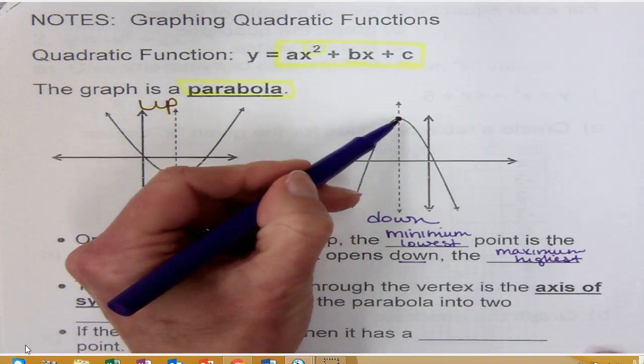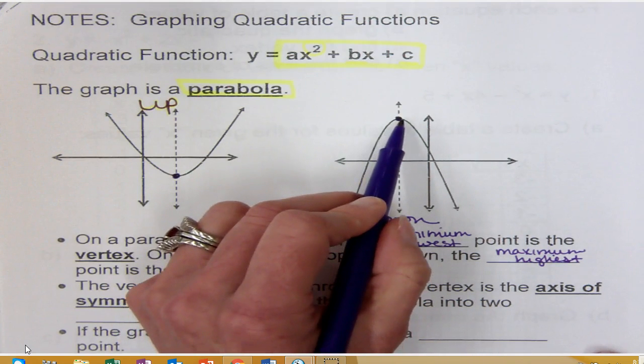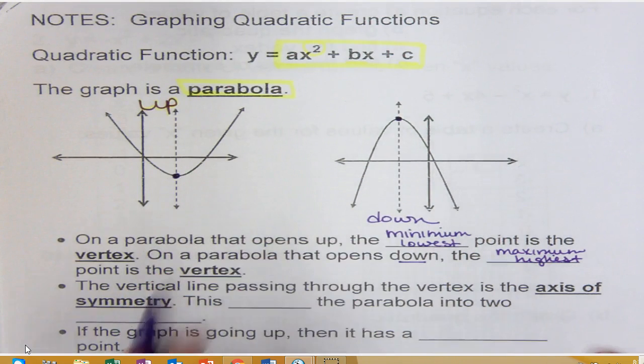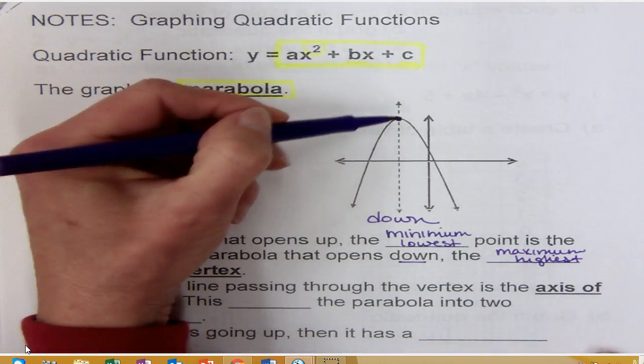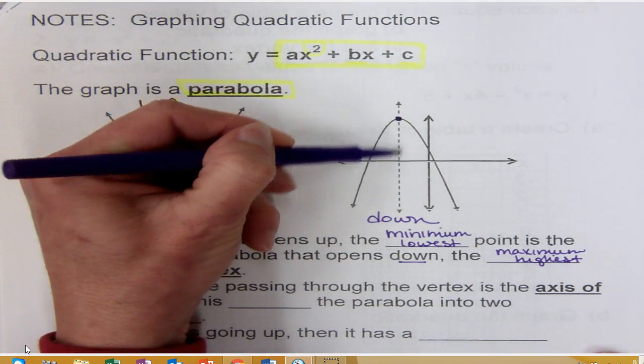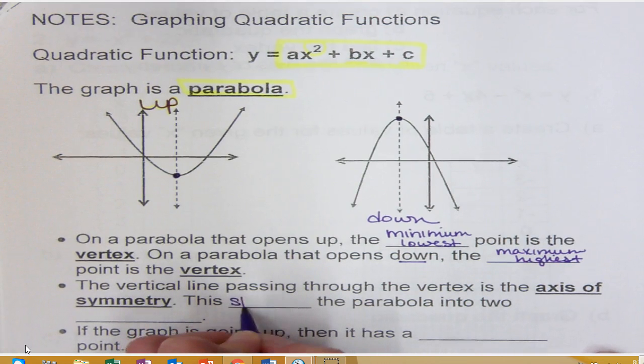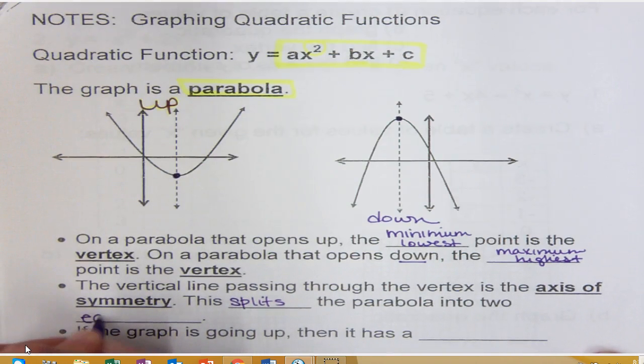So the very top where the parabola is going up. So if you were throwing a baseball up in the sky, it'd be where it'd meet its peak and then start falling down. The vertical line passing through the vertex is the axis of symmetry. It may be the y-axis, but it doesn't have to be. It's wherever the line is going through the vertex. And the axis of symmetry splits the parabola into 2 equal parts. So it cuts it in half.